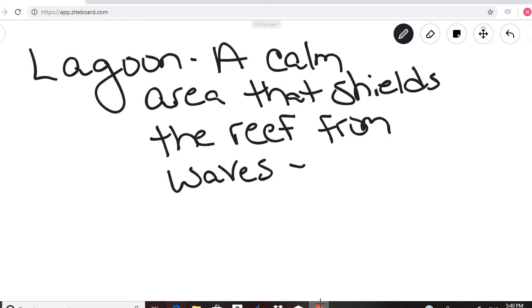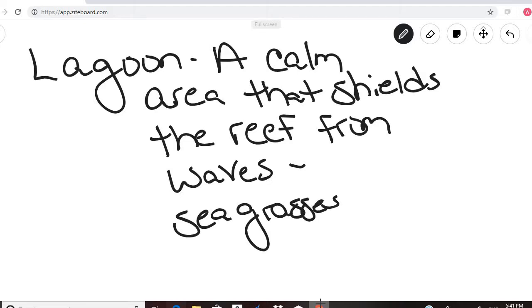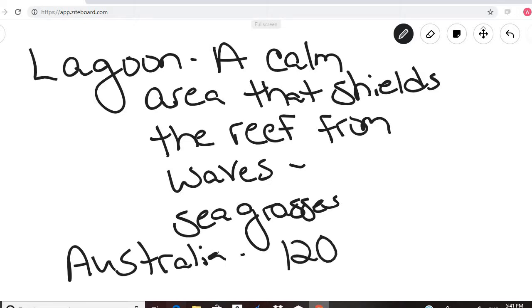The lagoon often will have a soft bottom, so a lot of times you'll see a lot of seagrasses growing in a lagoon. So one of the big types of barrier reefs is the Great Barrier Reef in Australia, and parts of that reef are 1,200 miles across.